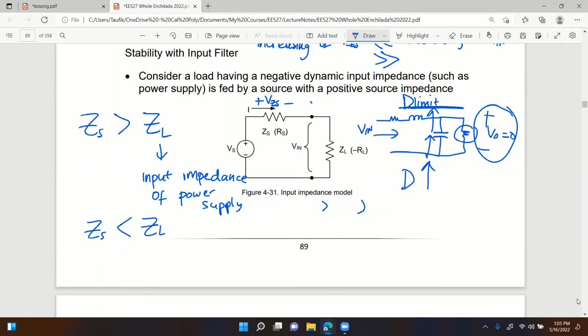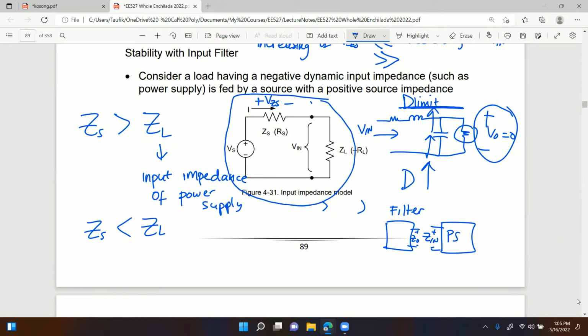And then we looked at the input impedance of the power supply, right? So we already looked at the input filter and the input impedance of the power supply, and then Zout of the filter. So then my question is, what does this have to do with the filter?